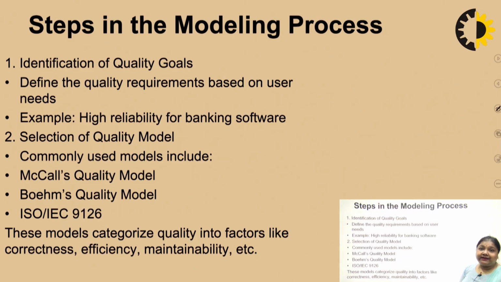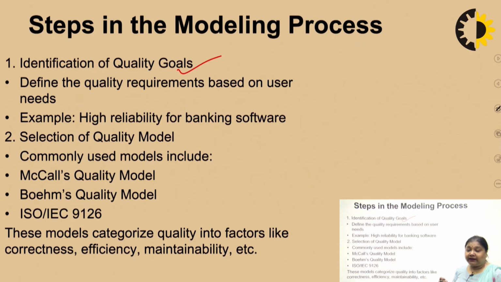Now there are certain steps that we need to follow when we implement the modeling process. First of all, identification of the quality goals. We have to define the quality requirements based on the user needs.